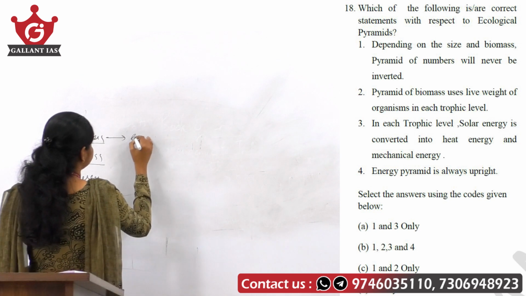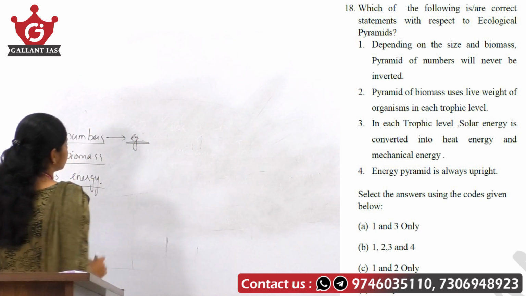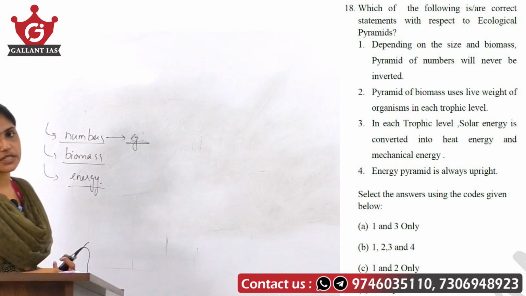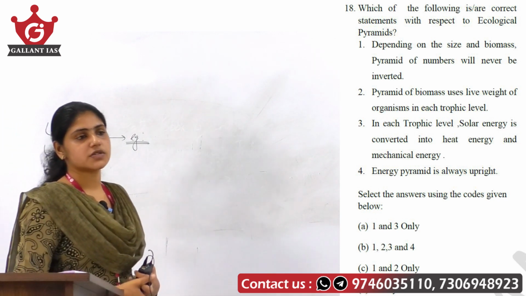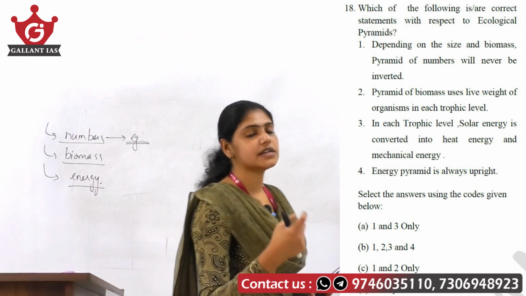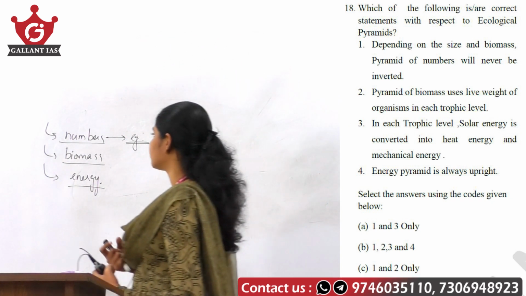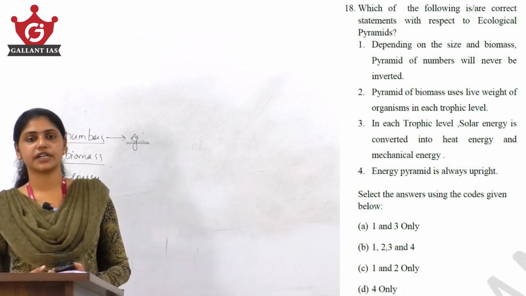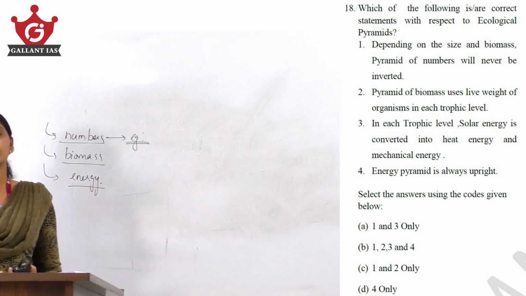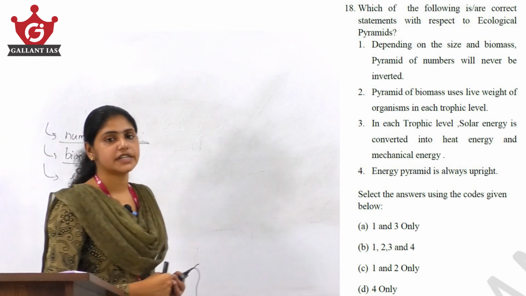For example, take the case of a terrestrial ecosystem, a single tree ecosystem. There the ecological pyramid of numbers is actually inverted, with the species depending upon that particular tree.